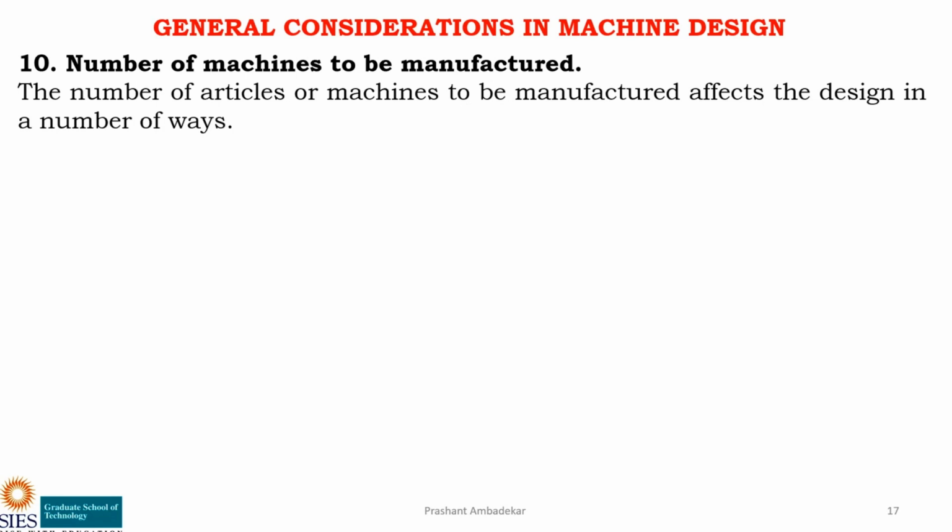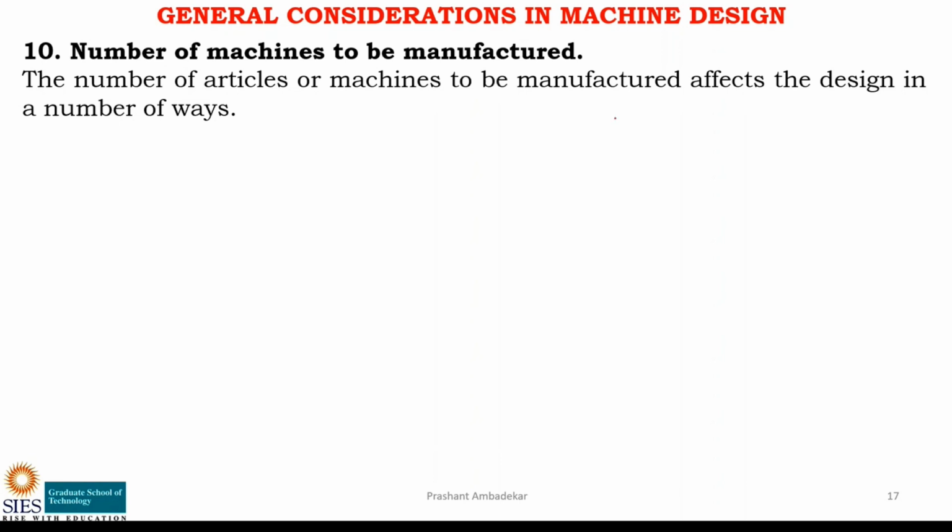Otherwise, if the number of products to be manufactured is only 1,000, then it may be feasible to outsource it. If it is mass production, say 10,000, 15,000 parts per day, then some specialized machine can be used.